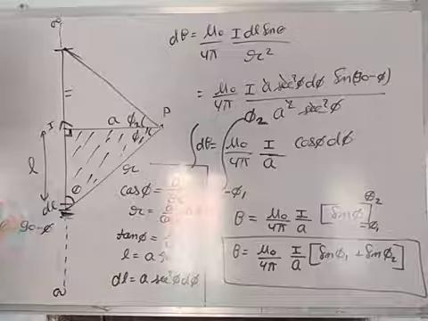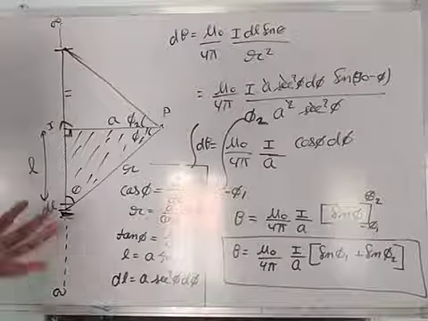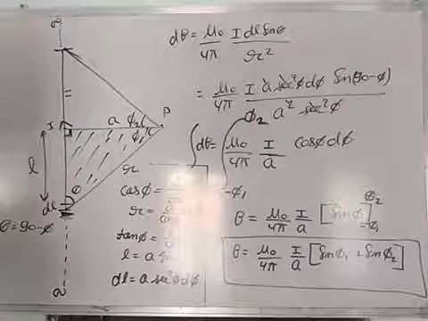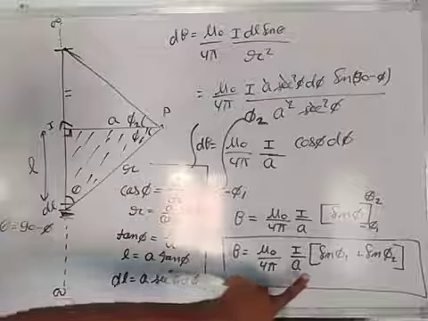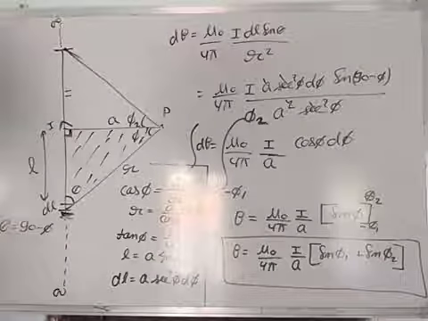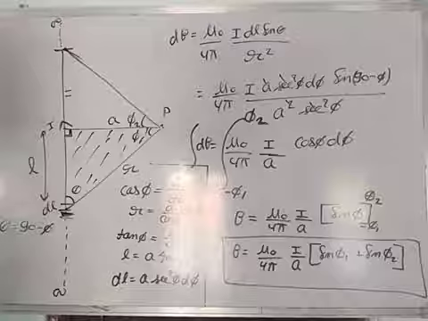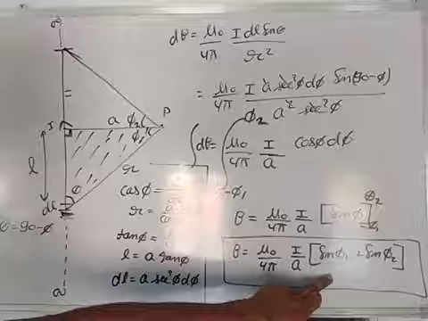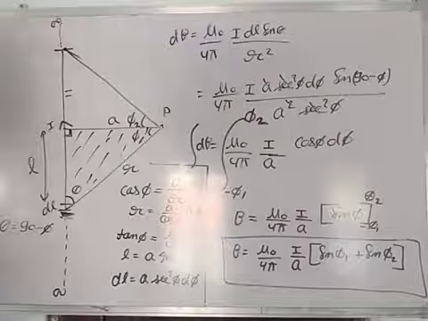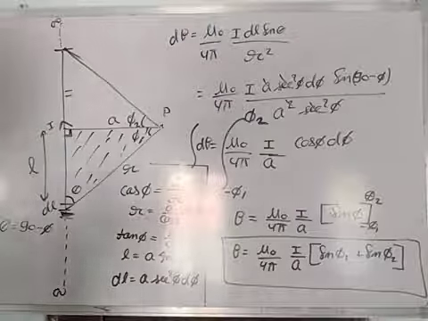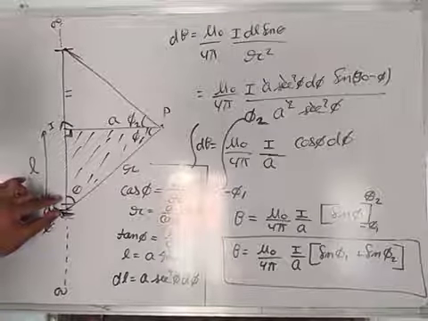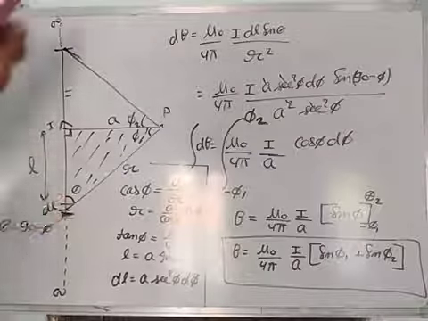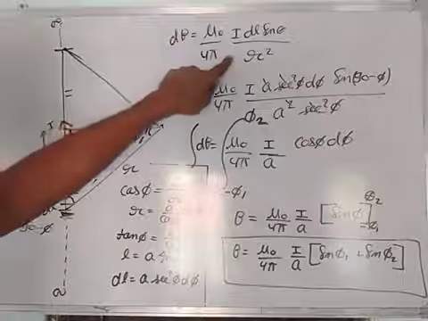The derivation is a little bit complicated because mathematics is involved here, but the result is most important. As compared to the derivation, first of all, we are going to focus on our result. I repeat, we considered a small element dl at distance r, and for this small element we applied the Biot-Savart law.